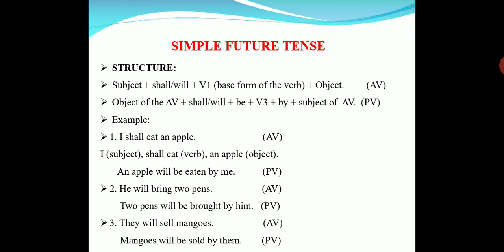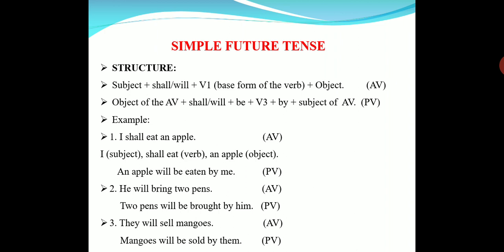Simple future tense. What is the structure of simple future tense? Subject plus shall or will plus V1 plus object. It's nothing but like simple present, just we add shall or will before V1. That much.